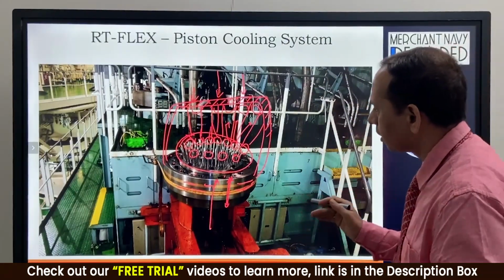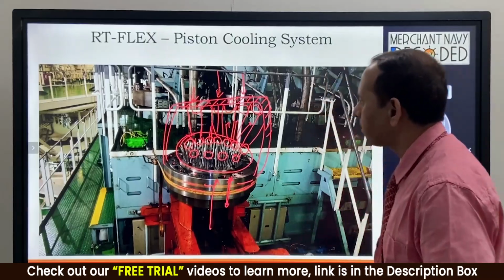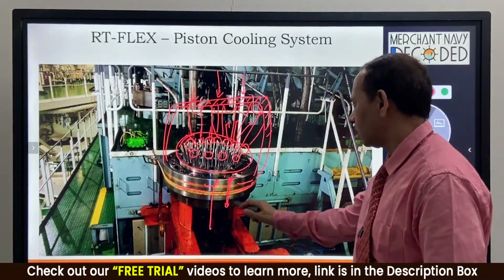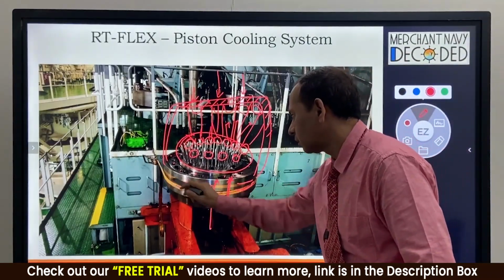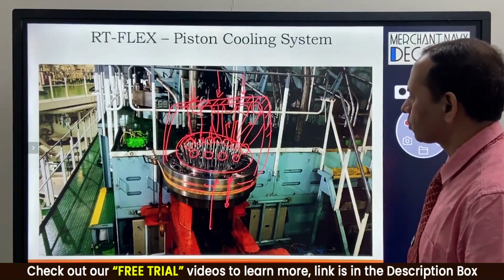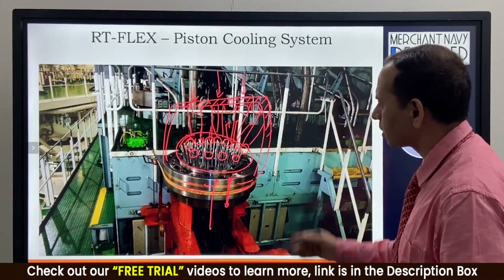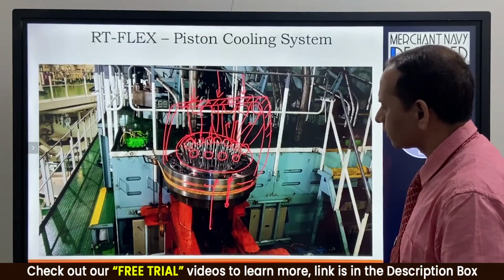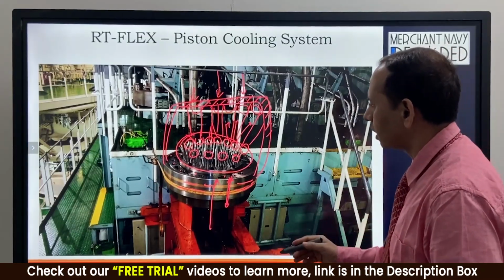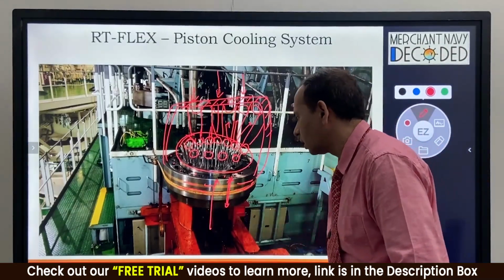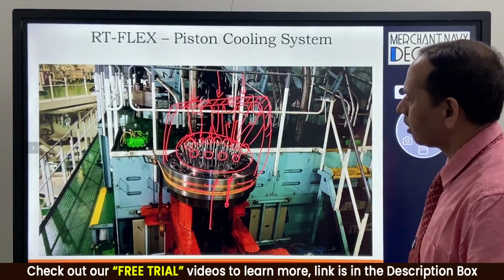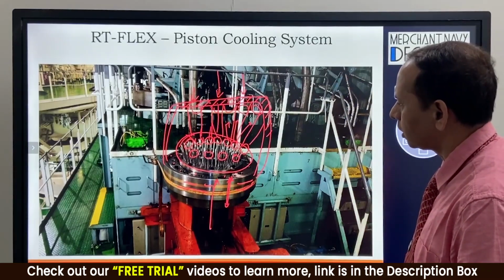It is inbuilt, not like your piston ring. These are inbuilt on the skirt of the piston, and this is going to create a very smooth surface on the liner when it is coming in contact, and it is not going to cause any kind of abrasion or any kind of wear to the liner.